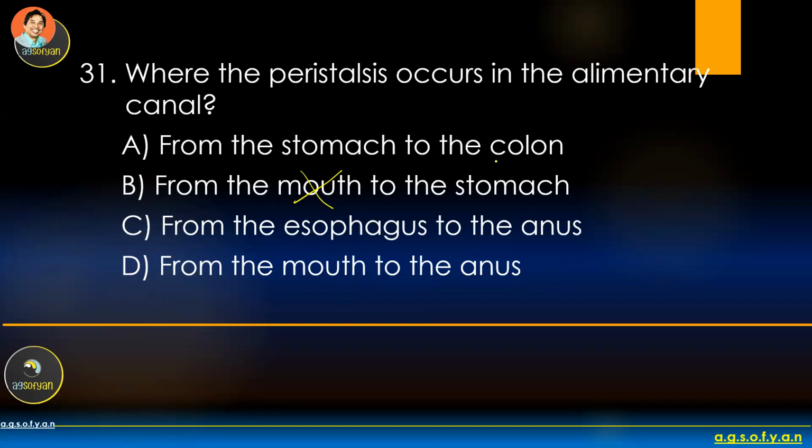Stomach to the colon, maybe. Esophagus to the anus, mouth to the anus. Mouth is not. After mouth we have pharynx and then esophagus. This actually starts from esophagus. So this process is from esophagus to anus.